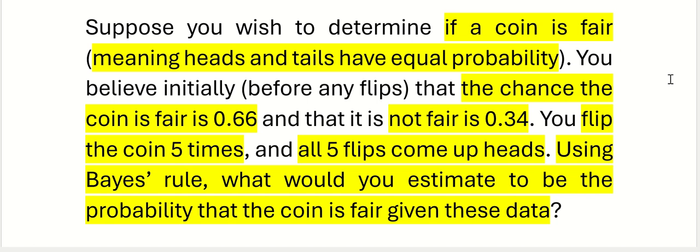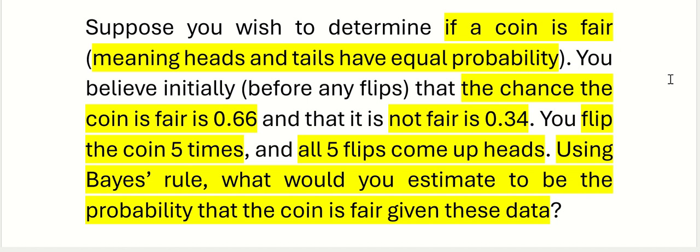Now let me clarify some things before we start. We have a coin, and we have two choices: this coin is fair or not fair. If it's fair, that means the chance to get a head is 50% and the chance to get a tail is 50%. You have an initial belief, an initial hypothesis, that the coin is fair with probability 0.66.